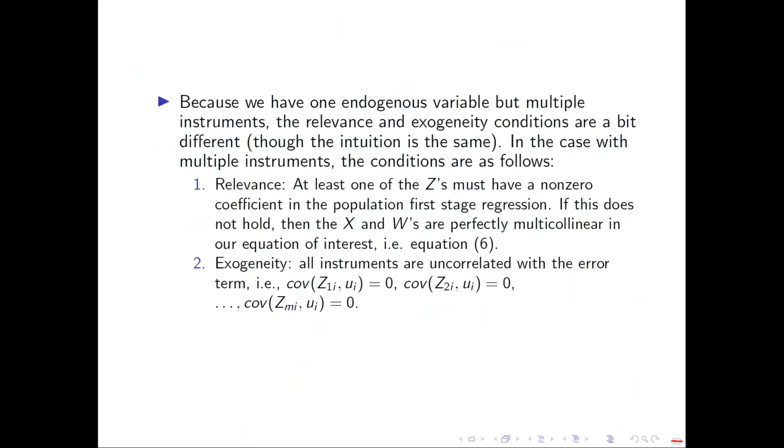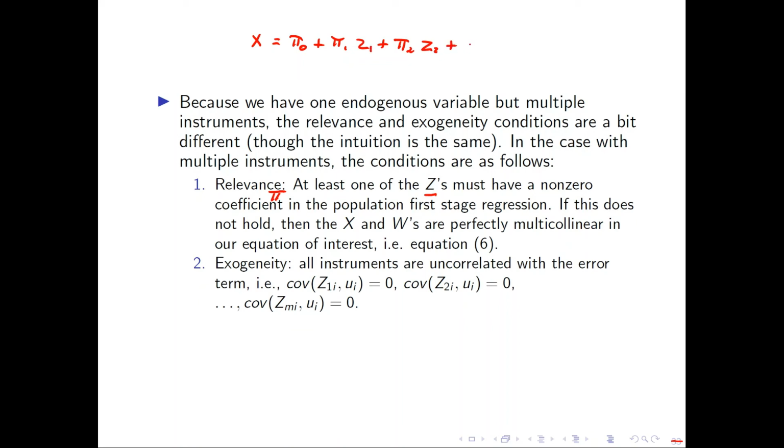Now that we have more than one instrumental variable, our relevance condition is a bit different. So we need that at least one of the instrumental variables has a non-zero coefficient, the pi, okay? Because you regress the x on the intercept plus pi 1 z1 plus pi 2 z2, right?